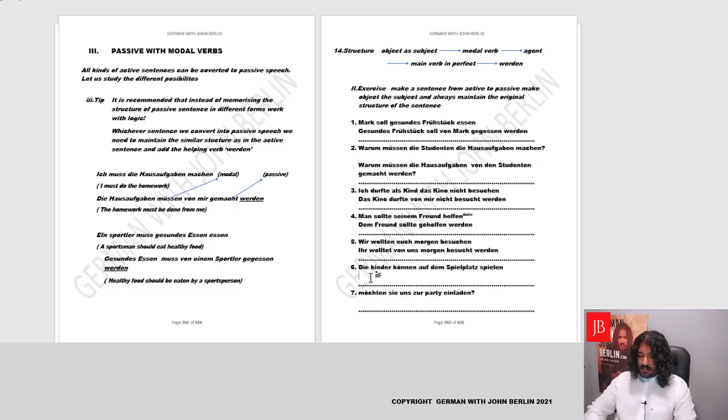So we'll keep it the way it is, auf dem Spielplatz. Very good. And we'll conjugate the verb können in third person, since when dative remains dative, it's always conjugated in third person. So it will be auf dem Spielplatz kann von den Kindern.